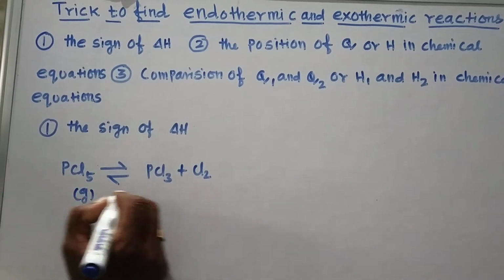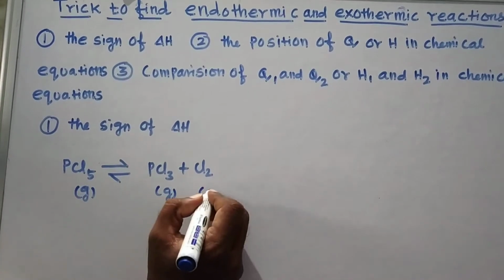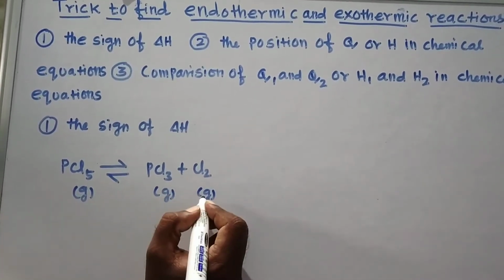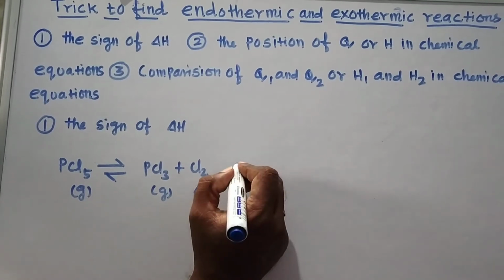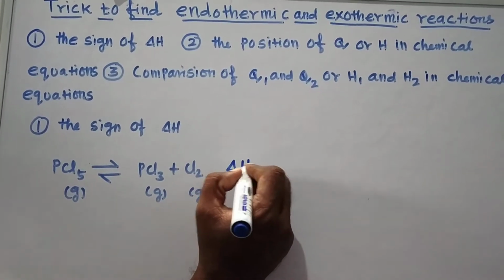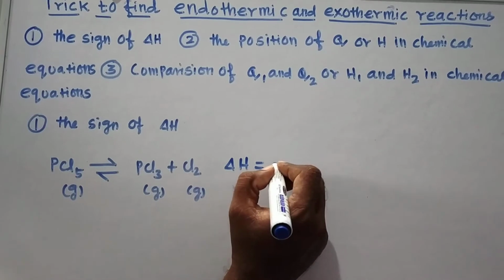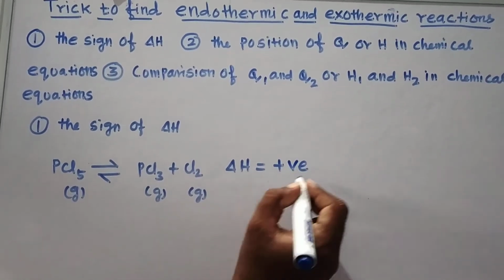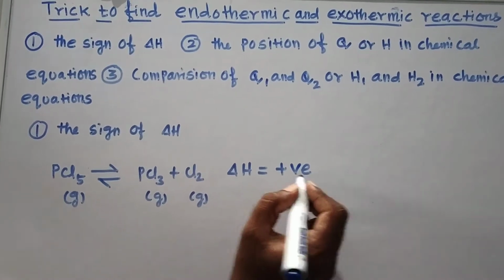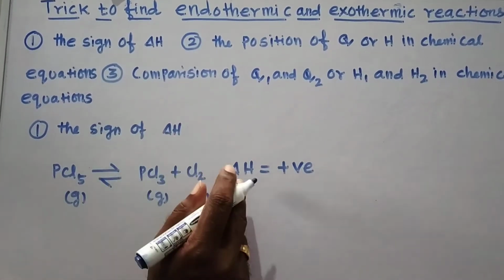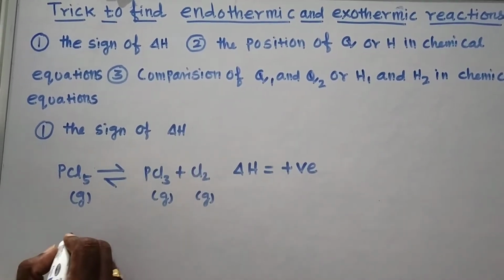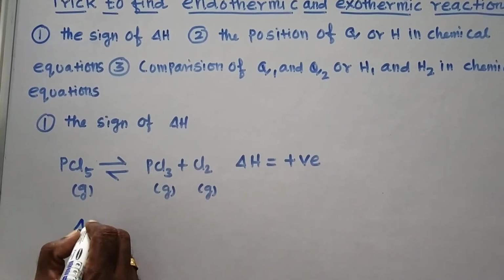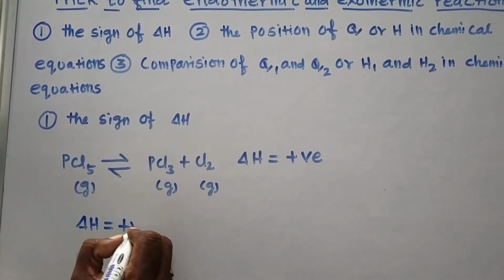It is a homogeneous reaction. Therefore, all the reactants and products are in the same phase. For the reaction, delta H is equal to positive. Now the sign of delta H is positive.